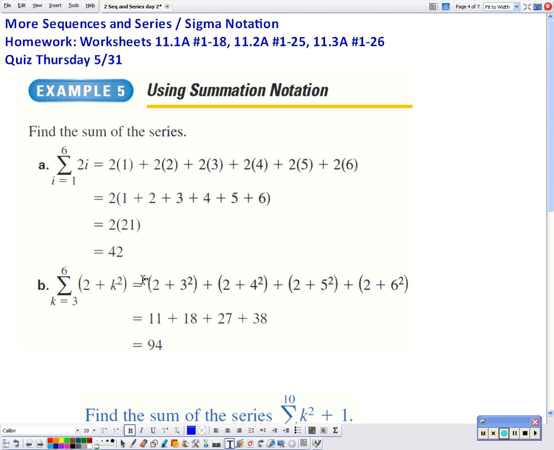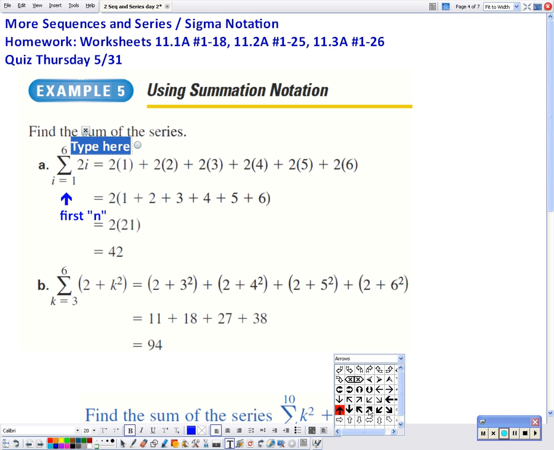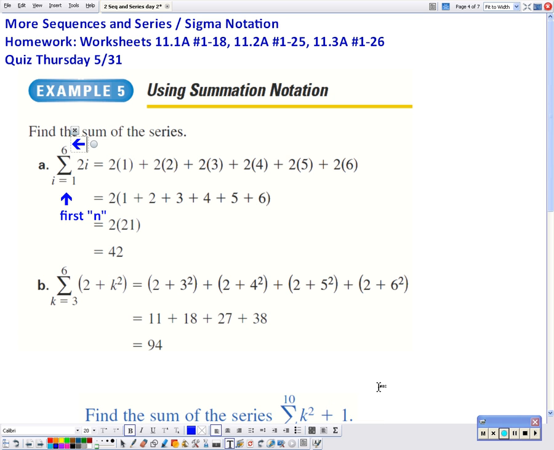All right, let's talk about sigma notation really quickly because honestly, this typing is a drag. Sigma notation is not going to be as bad as it seems. If it says find the sum of the series, all we need to do is write out the series using the formula. What's here is going to be the first n value. Up here is our last n value.